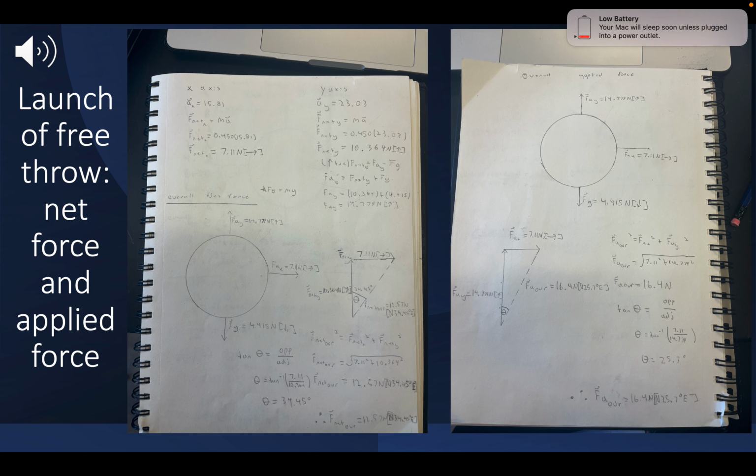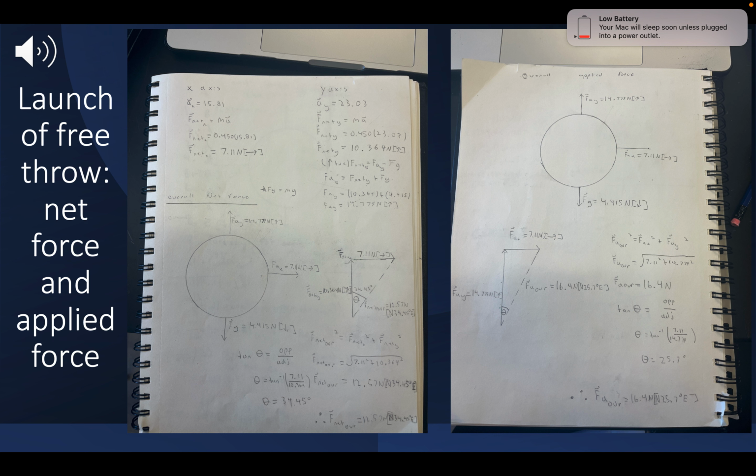Now that we are done that, we can find the overall net force and the overall applied force using some trigonometry. First, we will solve for our overall net force, and to find the overall net force, we will first use the Pythagorean theorem. And so by square rooting 7.11 to the power of 2 plus 10.364 to the power of 2, we get a net force of 12.57 newtons.